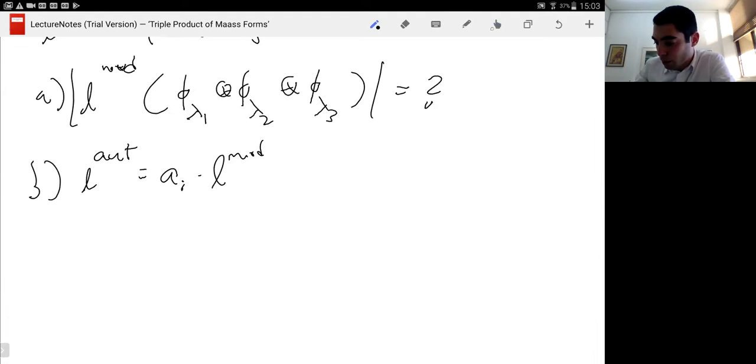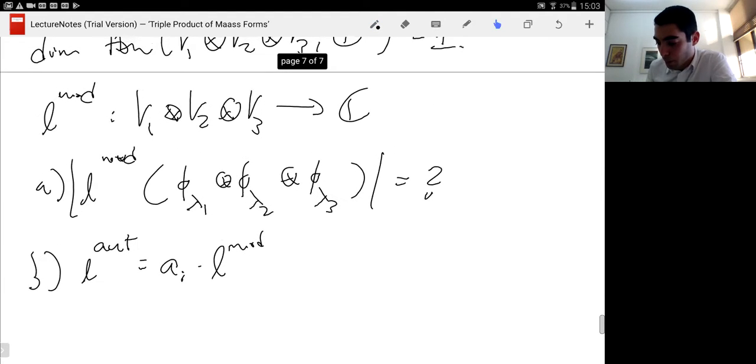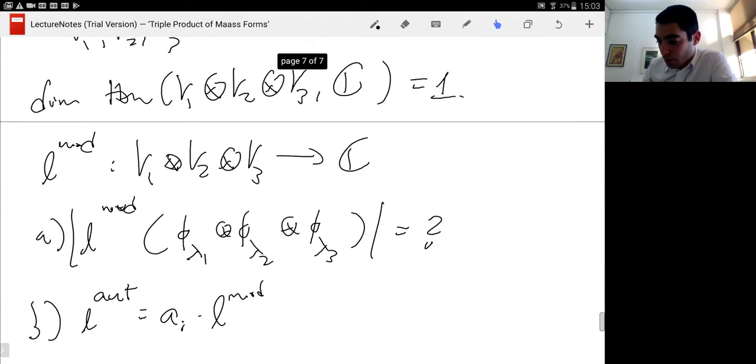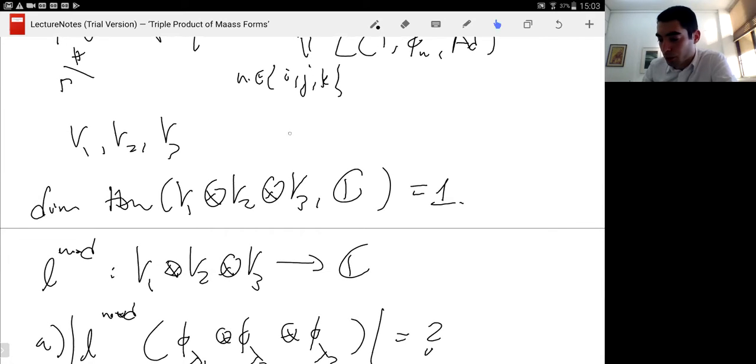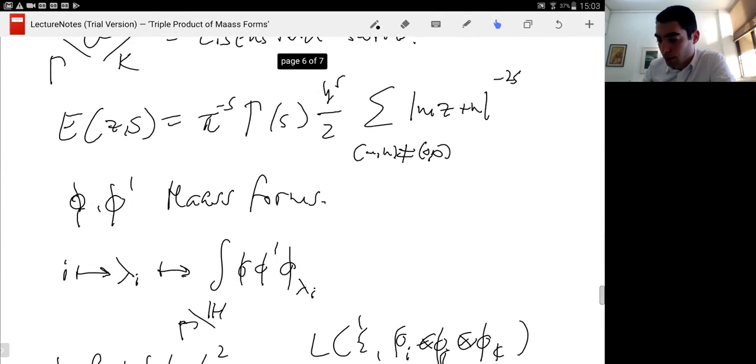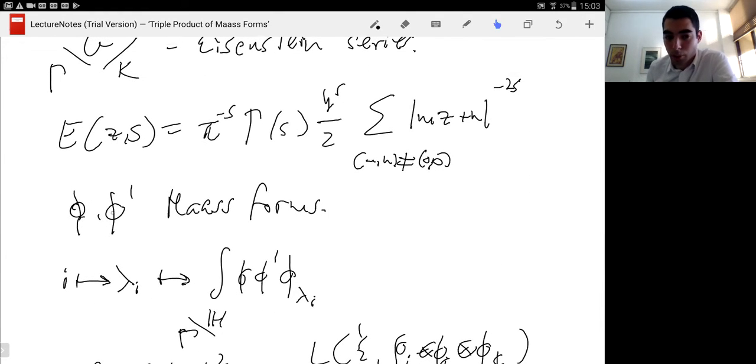And here I made a bit of a notational mess, but I remind you that we have previously fixed two elements. Here the notation is symmetric, but I'm actually interested in the case where these two elements are fixed and I plug in a third element.